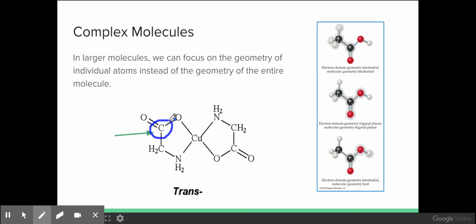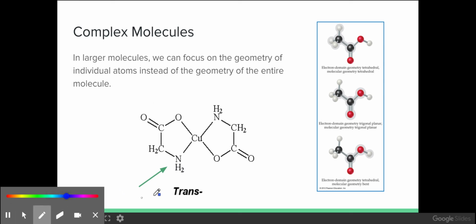It's connected to 3 bonding domains, trigonal planar. I look at that nitrogen. It has 2 hydrogens that are connected to it, in addition to 2 other bonds. That would be tetrahedral. So depending on what atom we're looking at in a complex molecule, you should be able to call out what shape that atom has as a central atom.